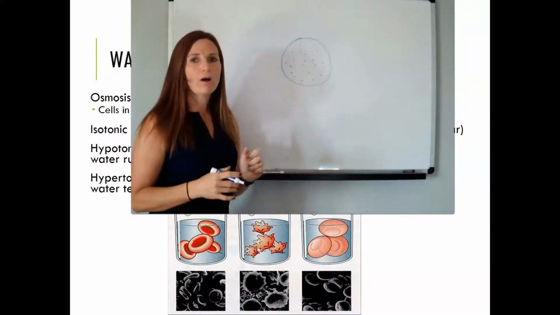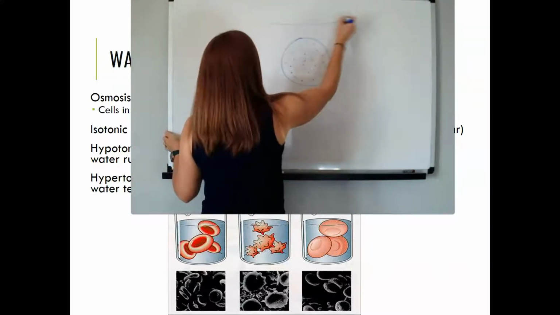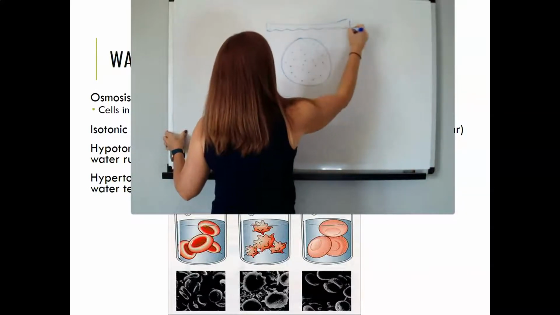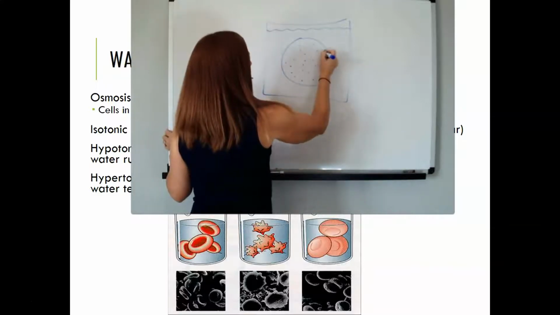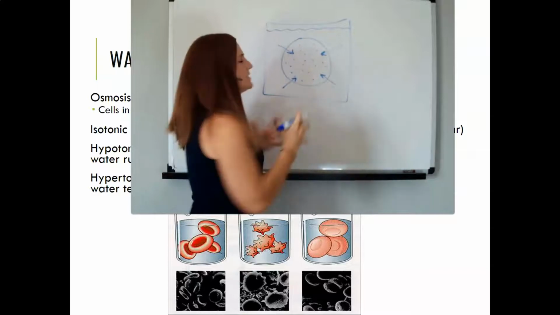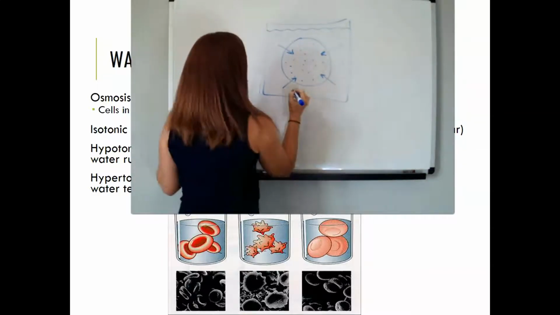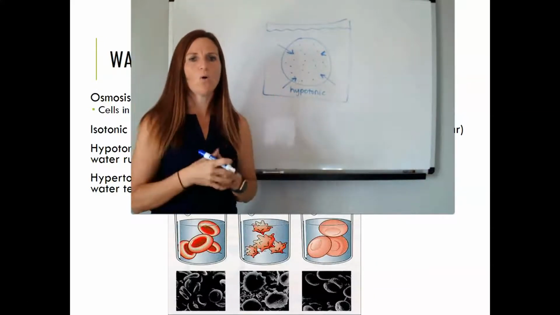You have a certain number of molecules concentrated inside. If you put this cell in just plain water with no solute in the water, all the water is going to want to come rushing in. And the cell is going to swell up and get really fat. This is a hypotonic solution. Hypotonic, that big O, right?